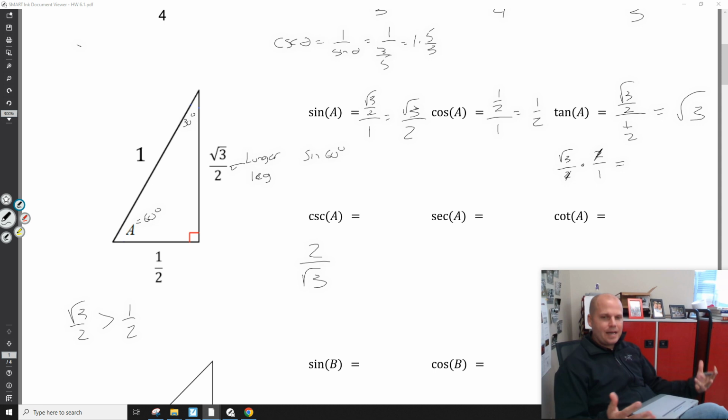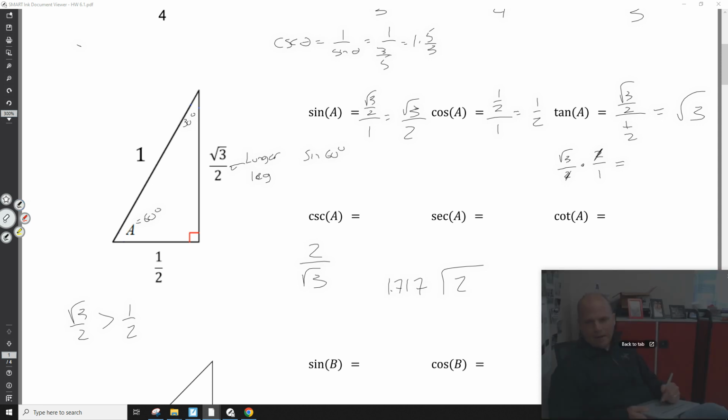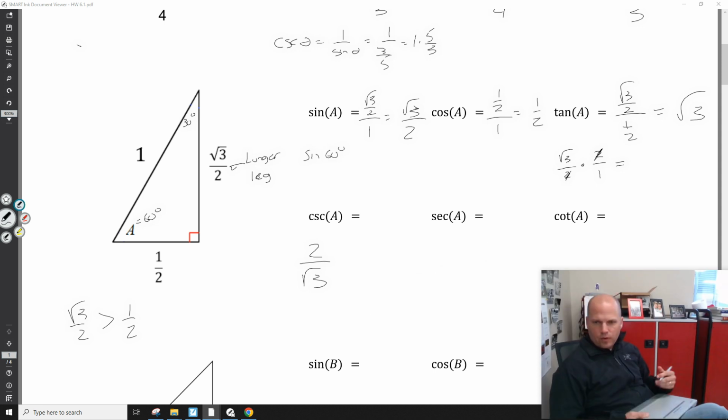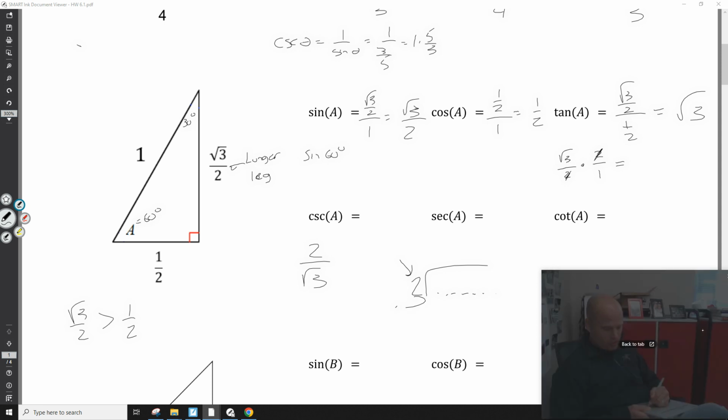The reason behind this is that back in the day, we didn't have calculators. If you wanted to take the number 2 and divide it by the square root of 3, you'd have to try to figure out what this was. That's a lot harder to do than dividing a decimal, whatever it might be, by a whole number 2 or by a whole number 3. This is easier to accomplish.